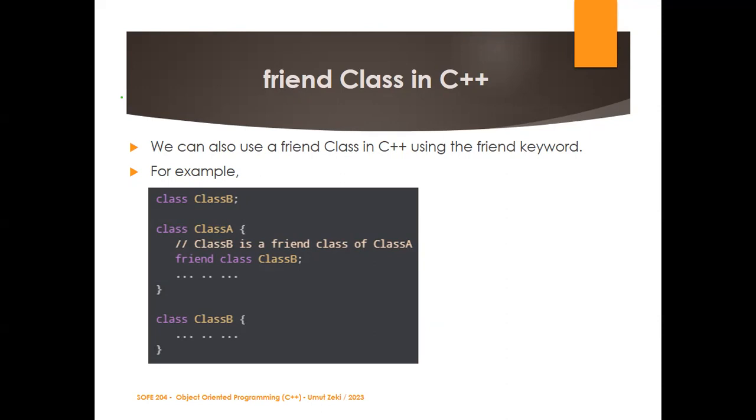Here, let me tell you. Let's say class A, and inside class A, we make a friend class, class B. This means that class B is a friend of class A. So from class B, we can reach all the public, protected, private things, functions or variables of class A. Because class B is a friend of class A. But from class A, we cannot reach.